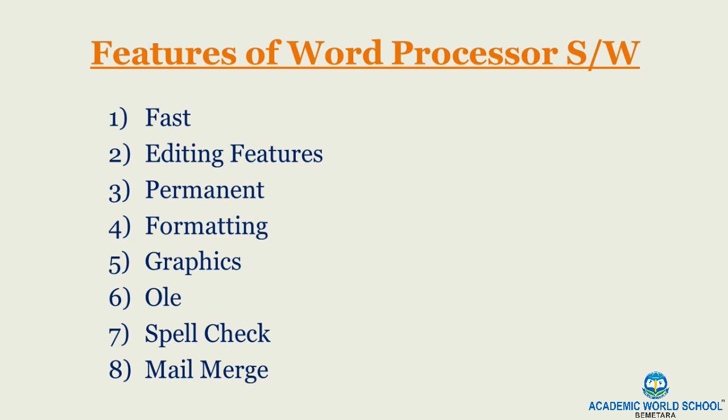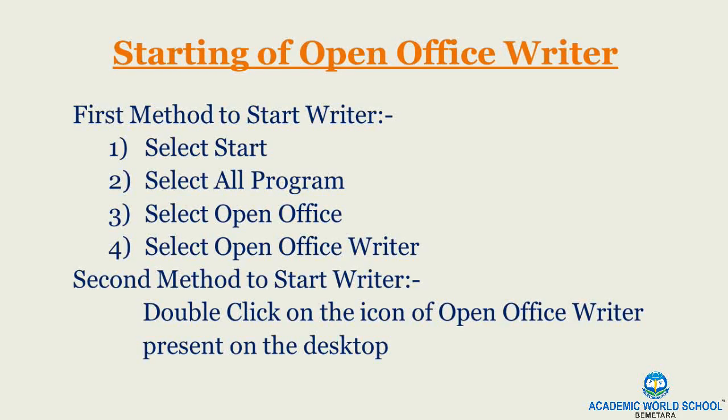The next topic we are going to cover is how to start OpenOffice. There are different methods to start it. The first method is to select the start option which is present on the taskbar, then select all programs, then go to the OpenOffice option, and from there you can select OpenOffice Writer.